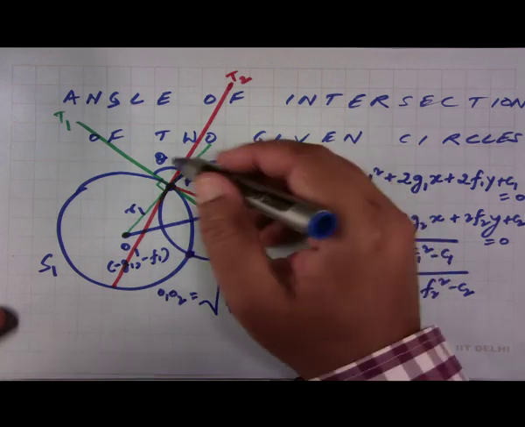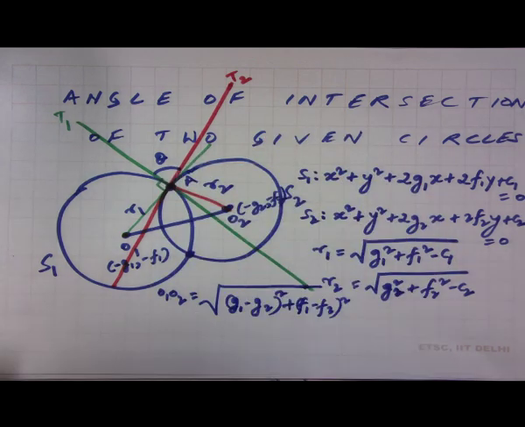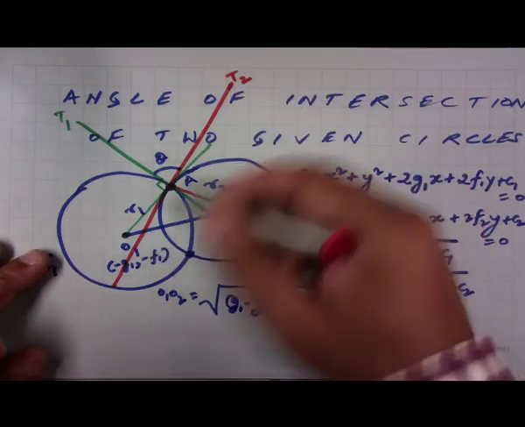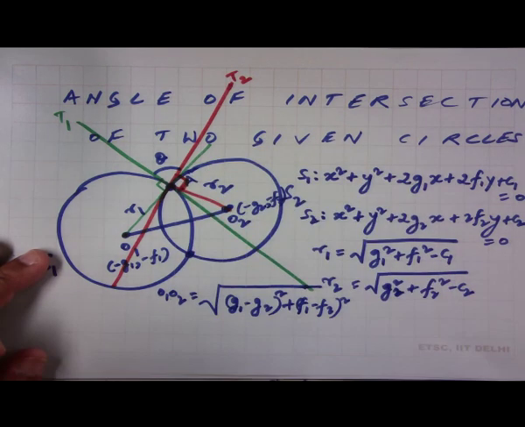But then we are actually asked to find this angle theta. What we also realize is that since T2 is a tangent to the second circle, this angle is also 90 degrees.